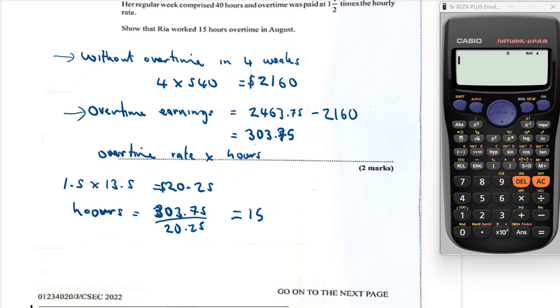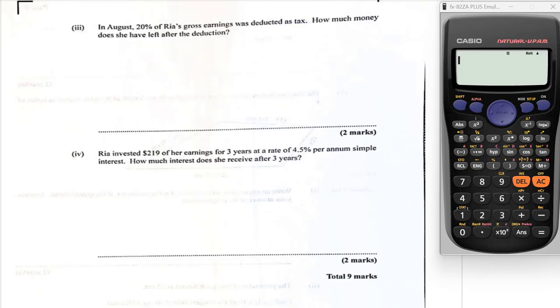In August, she made $2,463.75. Now, if 20% is deducted as tax, then all we have to do is find 20% of this.